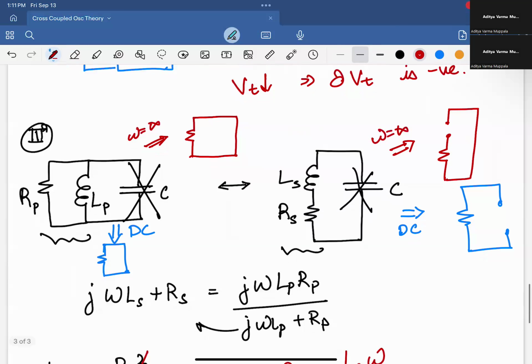So, cross-coupled oscillator. Okay. We start with the cross-coupled pair.